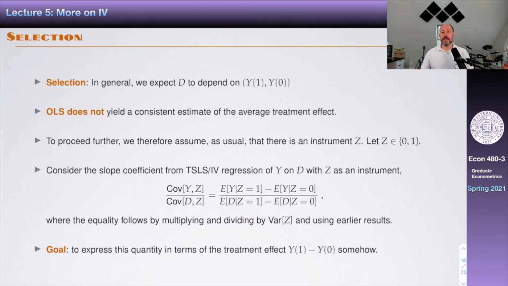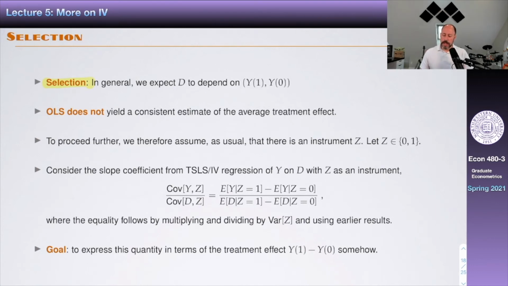Now in most cases, D is not going to be exogenous as in the previous slide, but rather there's going to be selection. We would expect that in many settings, people will choose D as a function of their potential outcomes. For example, we keep going with the example where you're taking D as a drug that is supposedly affecting your health, which is captured by your outcome.